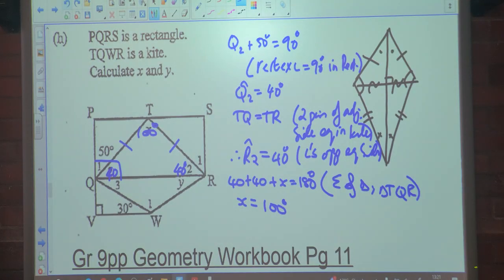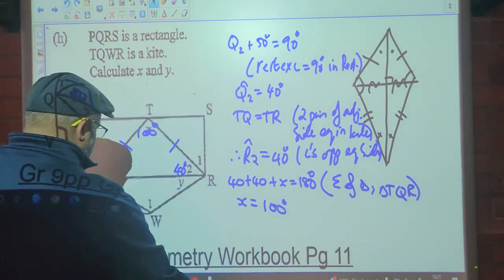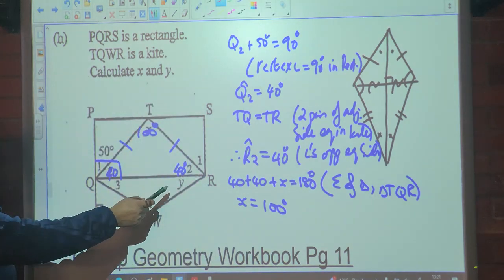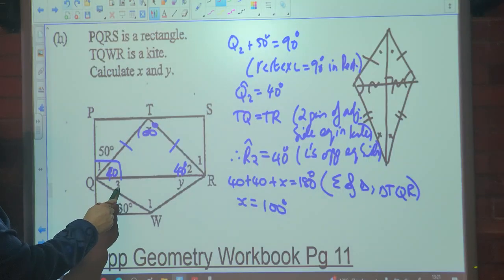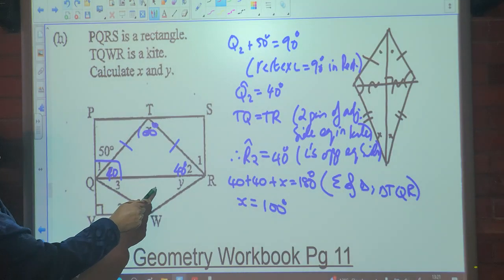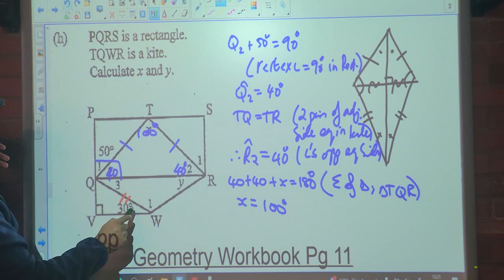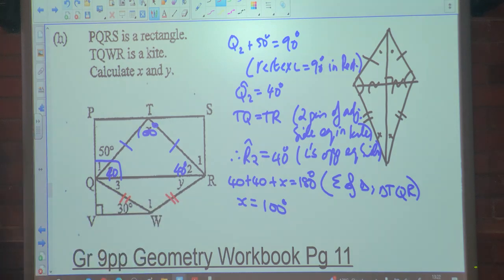Now let's calculate y. So now you see for y, y is here. Okay. So if I know Q3's value, then it's the same as y. The reason for that is because QW is also equal to WR. Why?